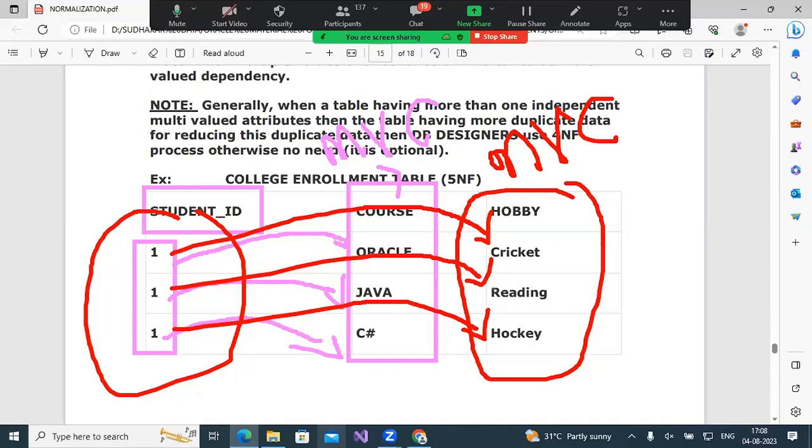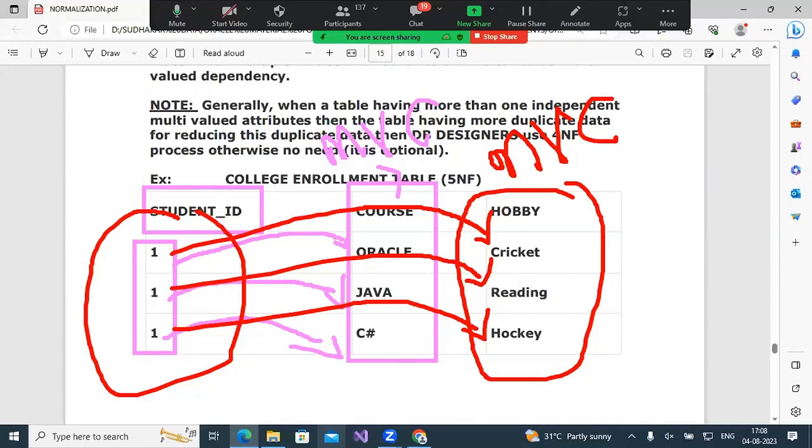But here, do these two columns, course and hobby, have any relation? No, because hobbies are different and courses are different. Is there any link? No. Both are different types of data. That means course is one independent column and hobby is another independent column.